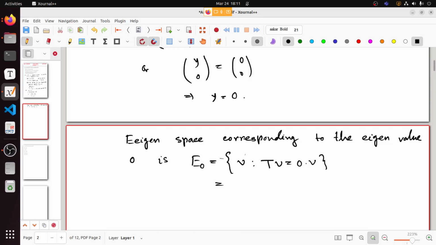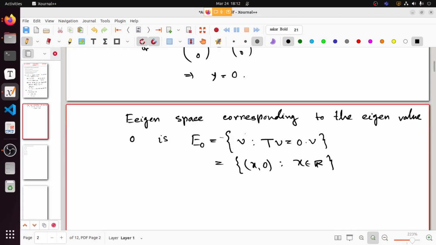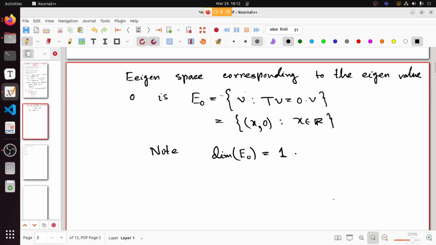So if x y is a vector in E0, then the second component y should be 0, which means it contains all the points x comma 0, where x is in R. So this is the eigenspace. Note that this is one dimensional, because x comma 0. So the dimension of E0 is 1, right? The eigenspace corresponding to the eigenvalue 0 is one dimensional.